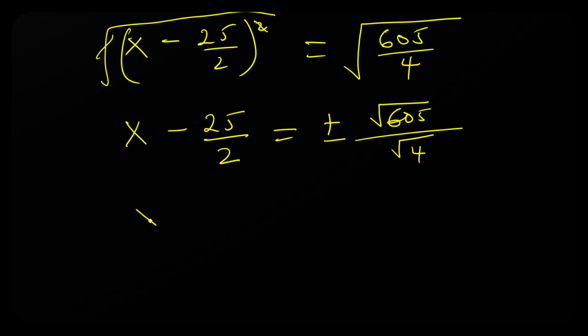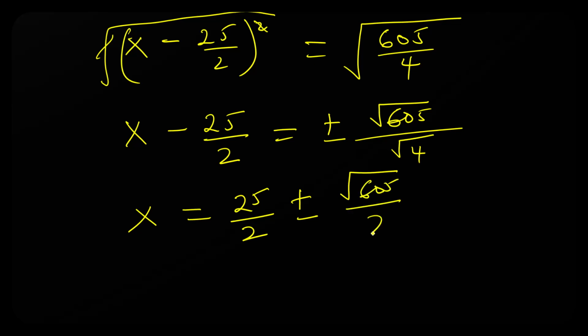So from here, x equals 25 on 2 plus or minus square root of 605 on 2. This side is 2. Okay.